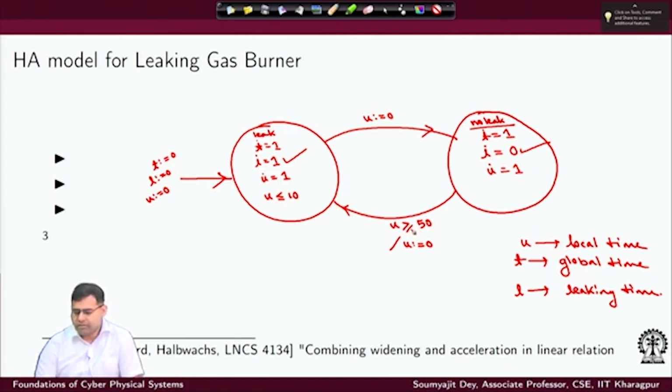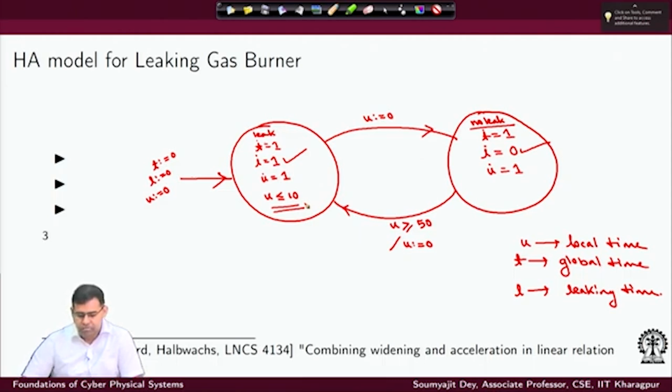The second one is that whenever there is a leakage, the leakage must be fixed inside 10 seconds of time. So, how is that captured? That is captured through this invariant. You see that when I reach this state, U has been reset.